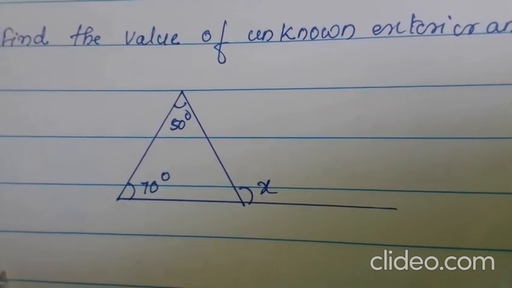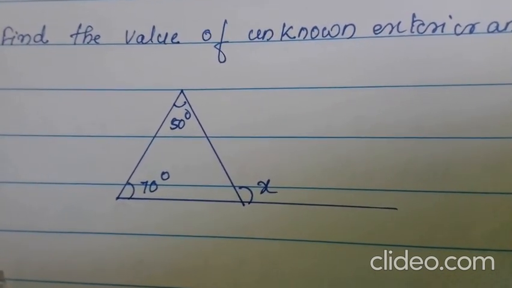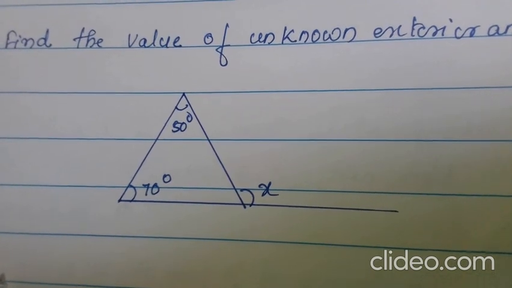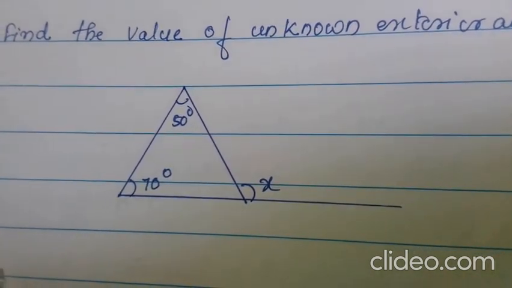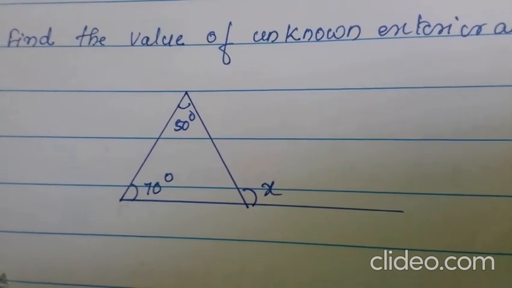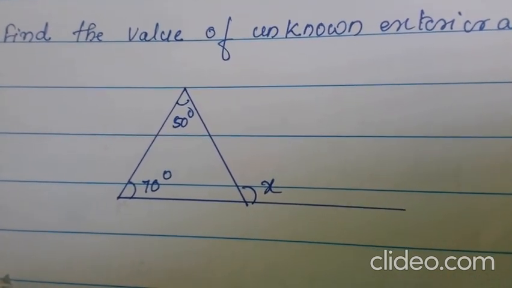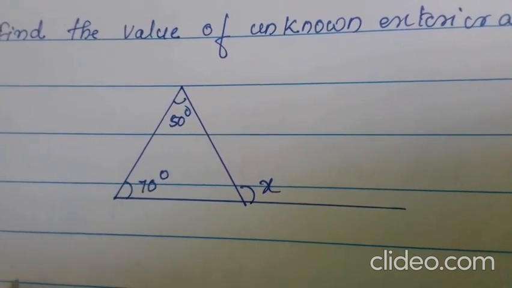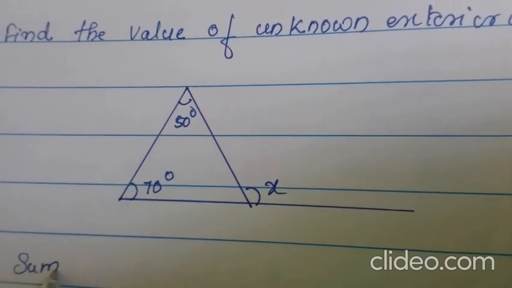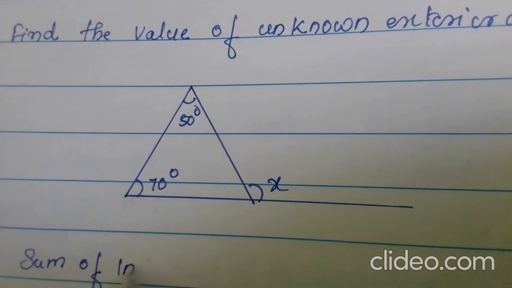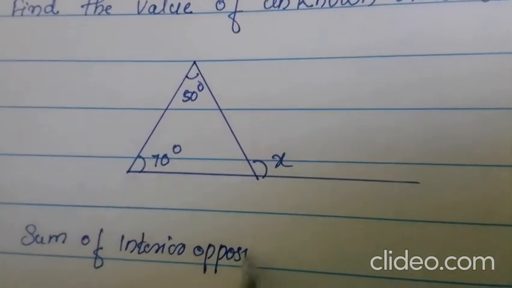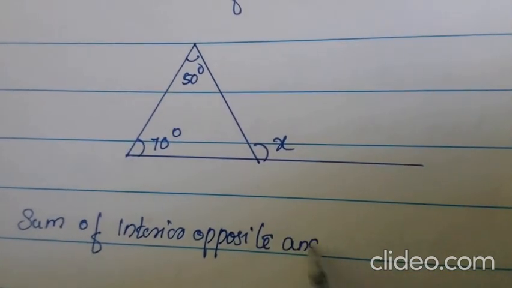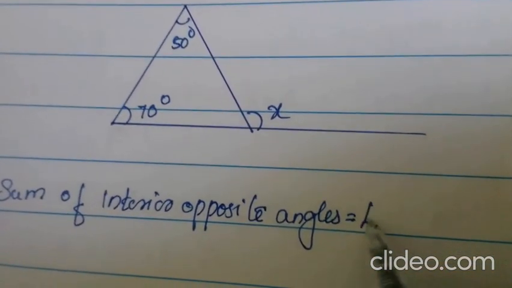Next is find the value of unknown exterior angle. Look at the figure. They are given over here interior opposite angle are 50 degree and 70 degree. Then how to find the exterior angle? We already know sum of interior opposite angle is equal to exterior angle.